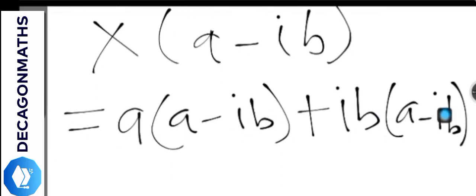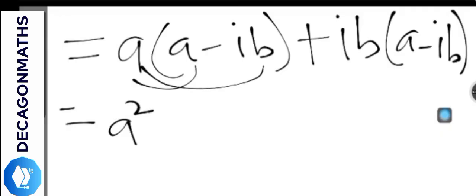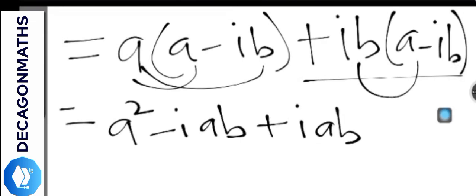So now let's multiply this out. This equals a multiplied by a gives a squared, and then a multiplied by minus ib gives minus iab. And then move on to the next one, which is this. So ib multiplied by a gives plus iab, while ib again multiplied by minus ib gives minus i squared b squared.